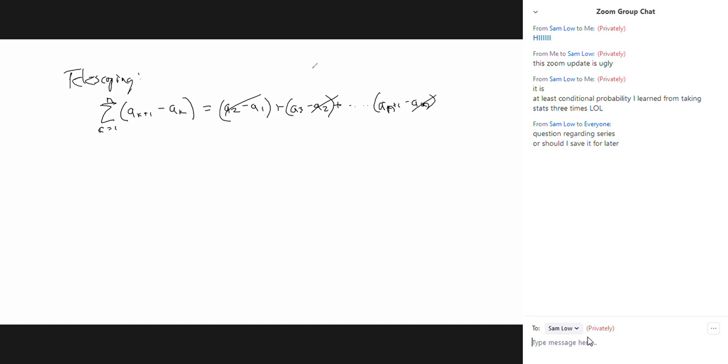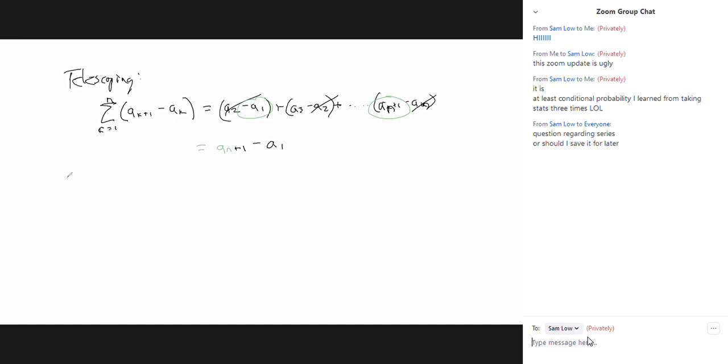So the only thing that ends up being left is this term and this term. Okay, so we know that this is all equal to a(n+1) minus a1. Okay, so we use this as a technique to very quickly calculate stuff like this.